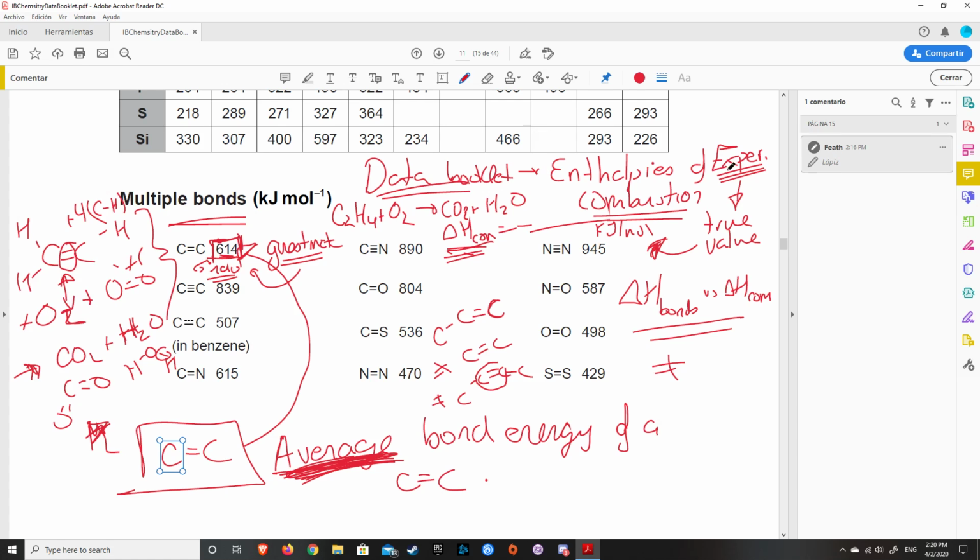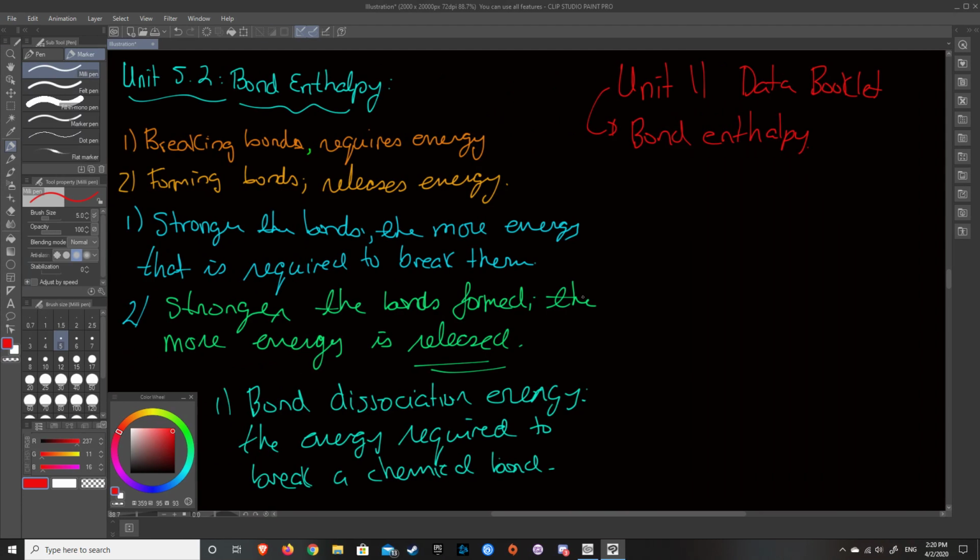So they've done it in the real conditions. So it's not the average, it is the real. So if you get the option to use the enthalpy of combustion or calculate the bond enthalpy, you always want to use the enthalpy of combustion to get the value, because it'll be the real experimental value. Okay, so let's continue on there. That was the important part.